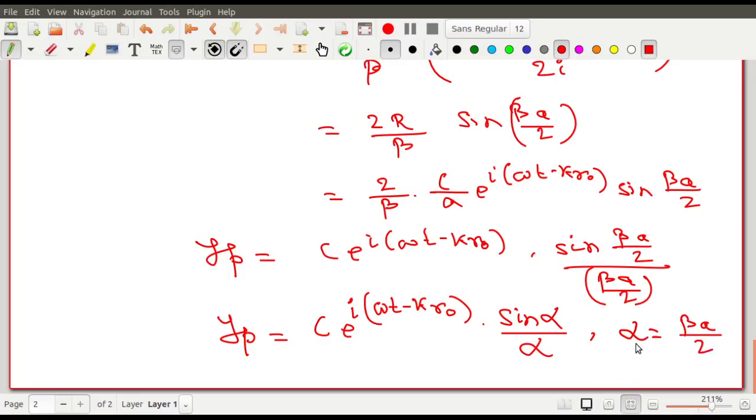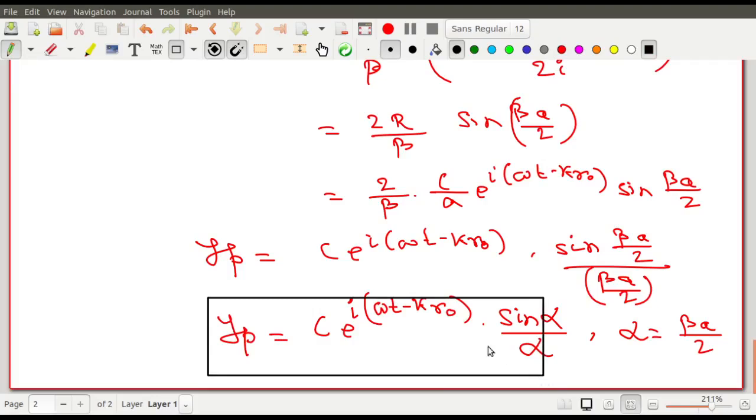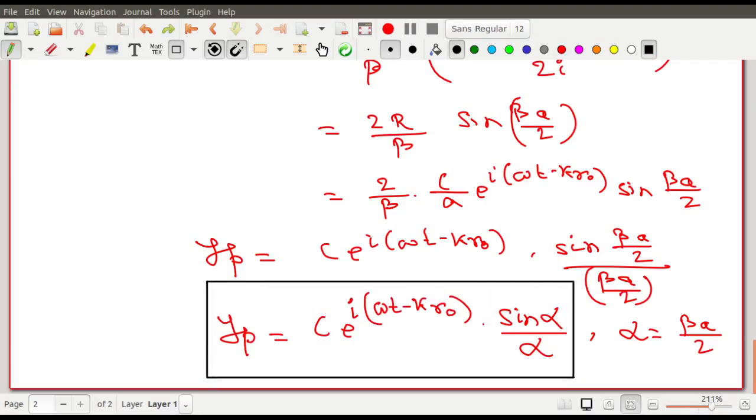You must remember alpha is equal to beta a by 2. And now you just try to highlight this. Yeah, that's fine. So that is how I get my yp.